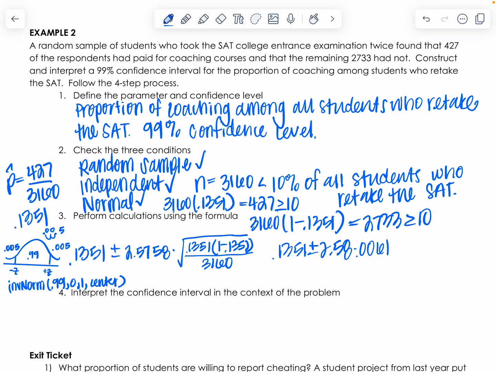So now when I multiply 2.58 times 0.0061, I get 0.0157. So when I subtract 0.1351 minus 0.0157, I get 0.1194. And adding, I get 0.1508.